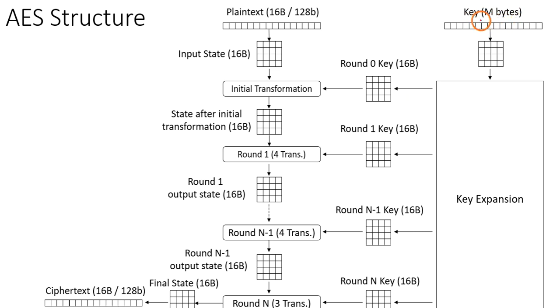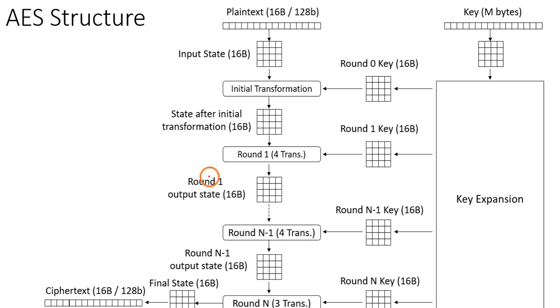What is the size of the key here? If it is 10 rounds, the size is 128 bits, if it is 12 rounds, 192, and if it is 14 rounds, the size is 256 bits. So this is the overview of AES encryption.